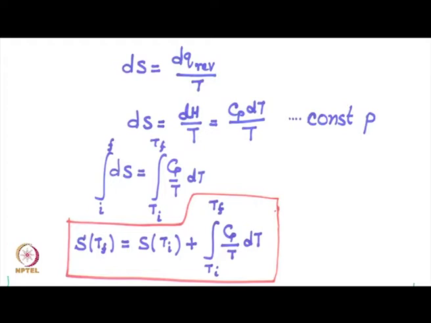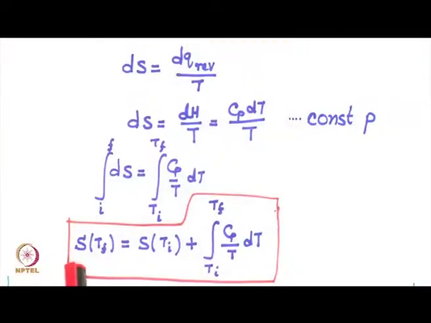So, how do we experimentally determine the value of entropy? What kind of experiments do we need to design? According to this equation, entropy of a substance at a given temperature can be determined if I am able to measure the heat capacity of that system. And how do you measure the heat capacities?